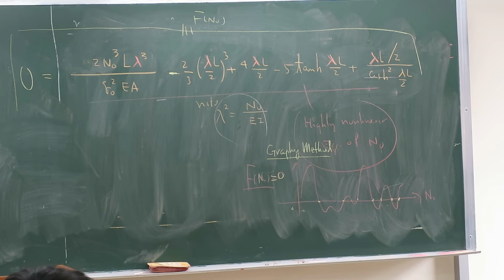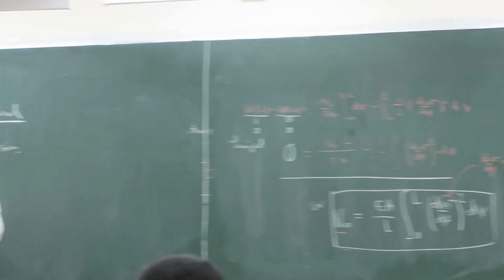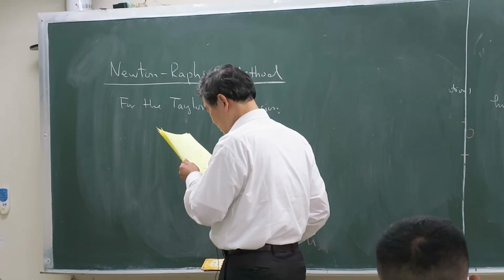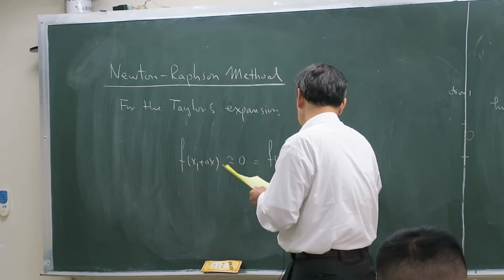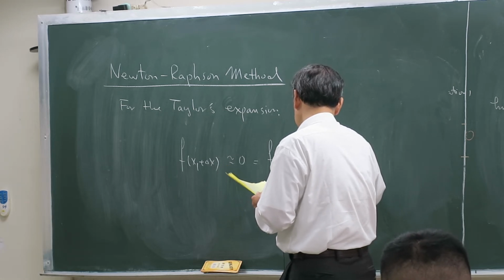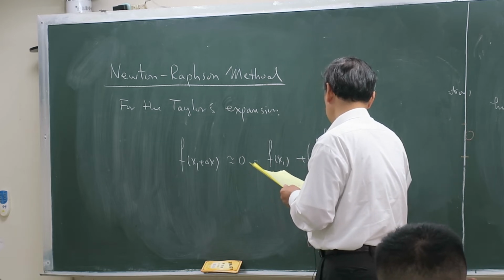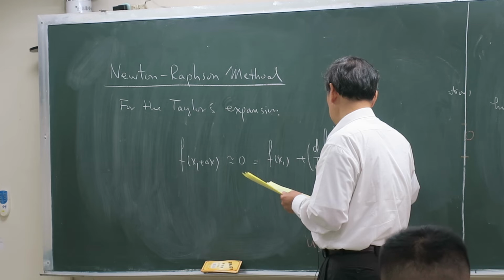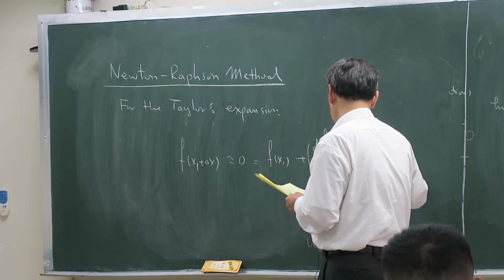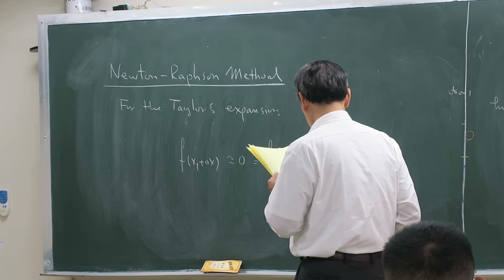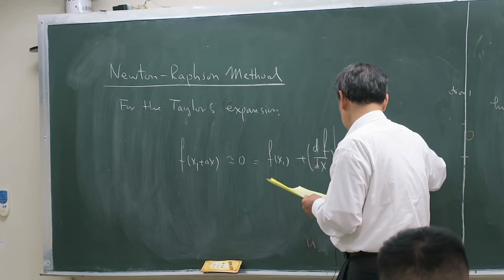Okay, we have f of x1 plus delta x equal to 0 and equal to f of x1 plus partial f, or df dx at x1, times delta x.